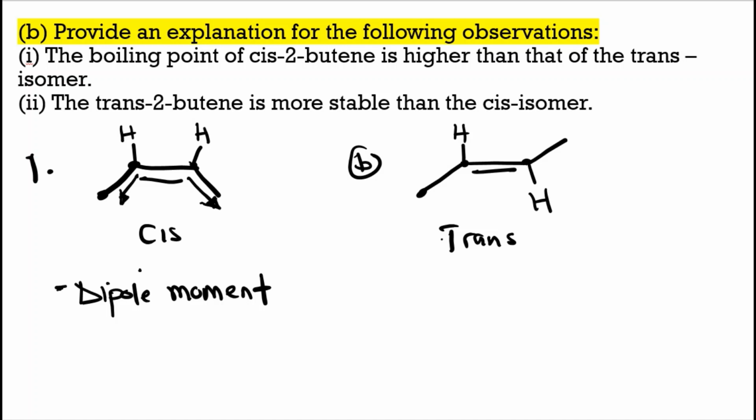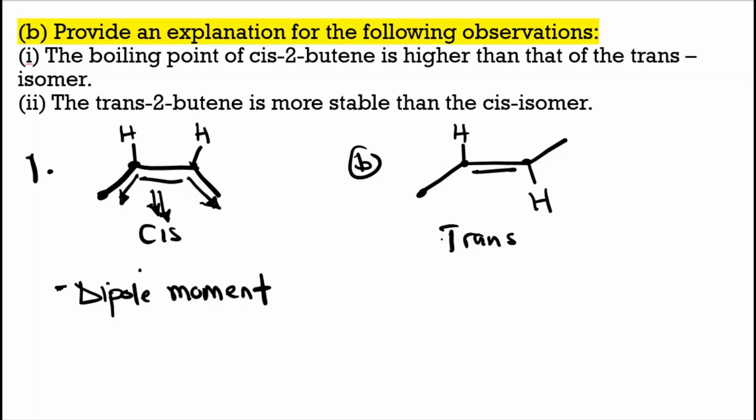So both of the bond dipoles will be pointing down. Because the dipole moment is pointing down for cis-2-butene, the boiling point is going to be high, because there's going to be a summation of the dipole moments.